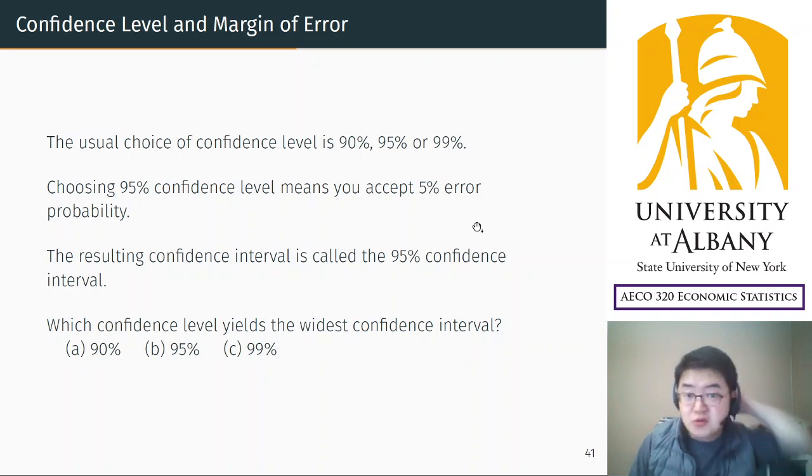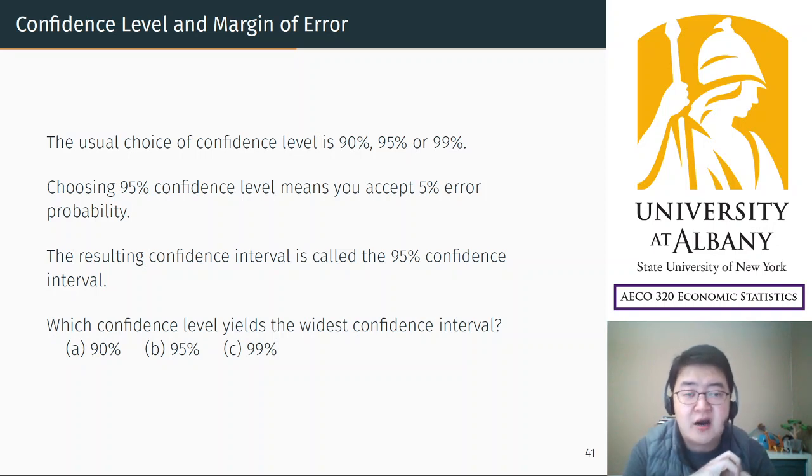The usual choices of confidence level are 90%, 95%, or 99%. These three probabilities are the most commonly used confidence levels, depending on the context. For example, when you choose a 95% confidence level, it means you can accept a 5% error probability.